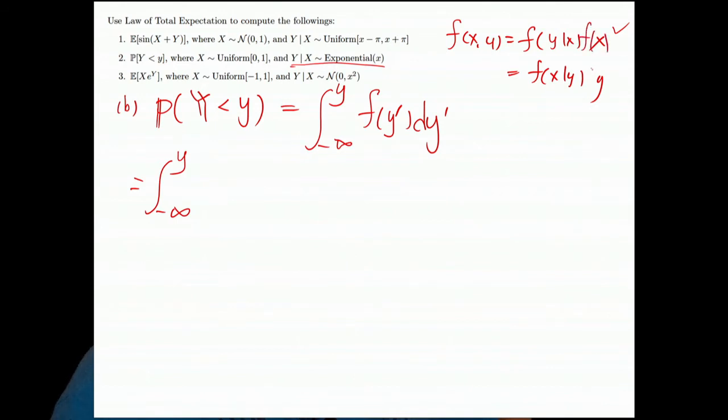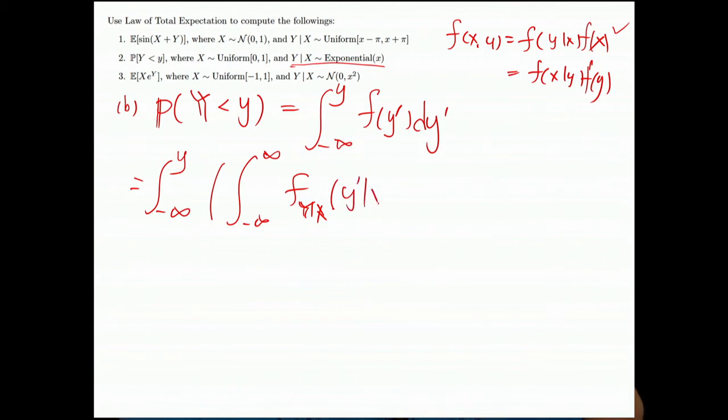So that means this f y is the conditional probability of y given x times f x dx, then dy prime.